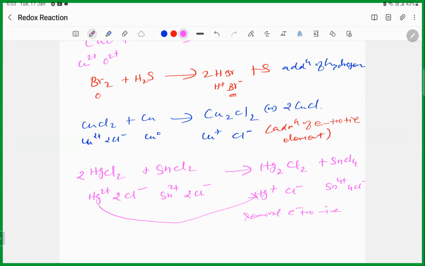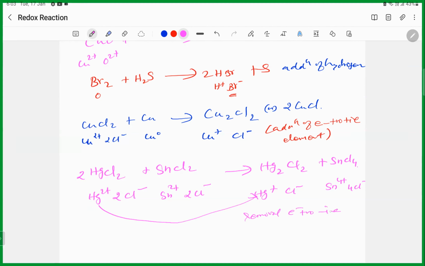The oxidizing agent is the reagent which causes the oxidation, but it gets reduced. Then it is called an oxidizing agent.